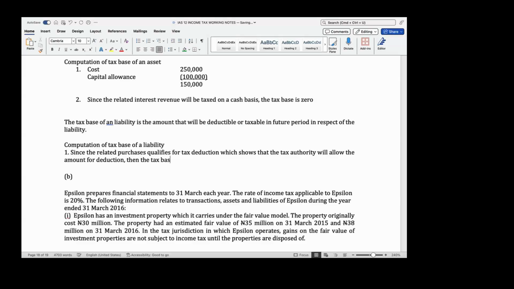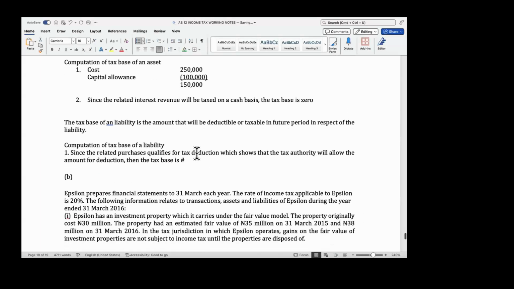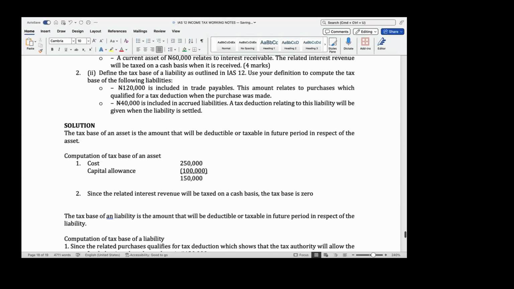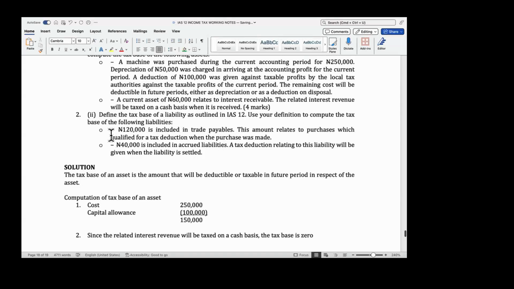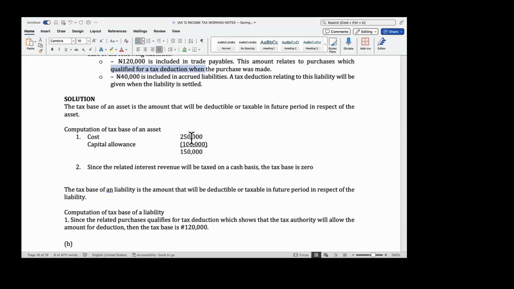Then the tax base is, how much are they allowing? 120,000. So the tax base is 120. Since it qualifies for tax deduction, it will be allowable as a deduction. So tax base is 120.